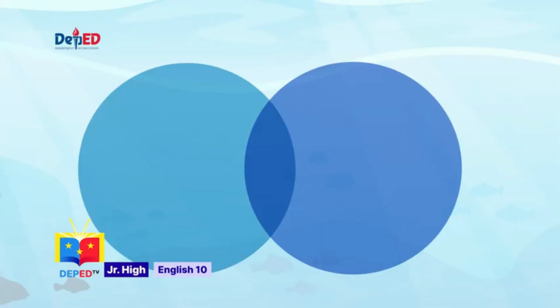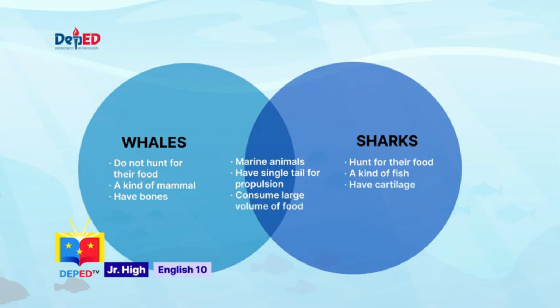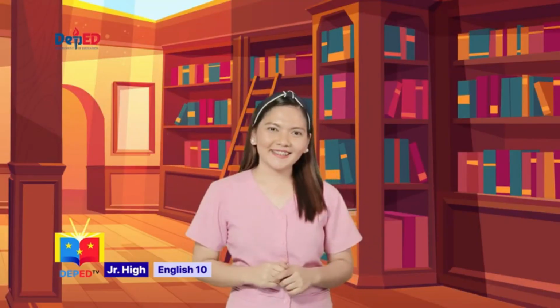The characteristics of whales are: do not hunt for their food, a kind of mammal, and have bones. While sharks hunt for their food, a kind of fish, and have cartilage. For their similarities, both of them are marine animals, have a single tail for propulsion, and consume large volume of food. You did it!